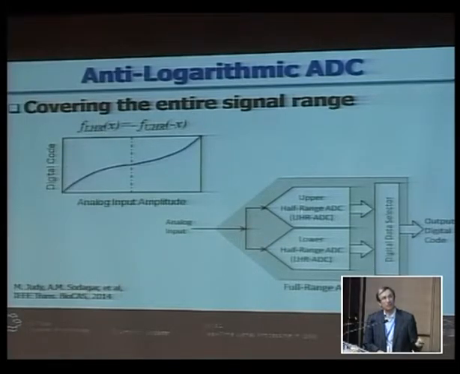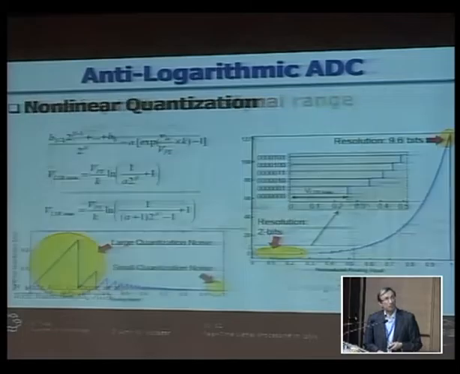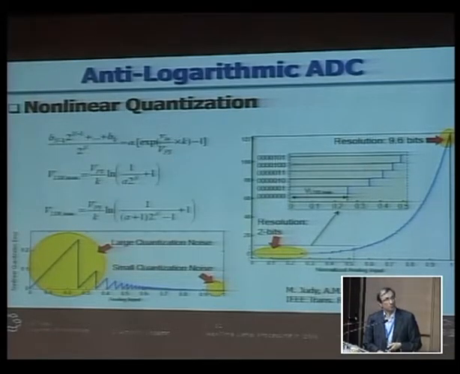We combine these two in hardware and use both in addition to an extra hardware to come up with the digitized signal. This is the input-output characteristics of the signal, and this is the quantization noise, which is large at lower amplitudes and becomes very small at higher amplitudes, where the resolution is really important for us.